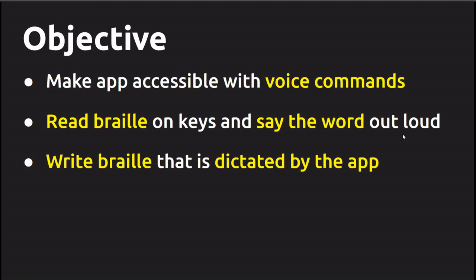Writing Braille can also be practiced, because this type of keyboard will typically include a Braille keyboard along with the display itself. So they can practice writing Braille using that keyboard, and that can also be verified through the voice feedback, whether they got it right or wrong.